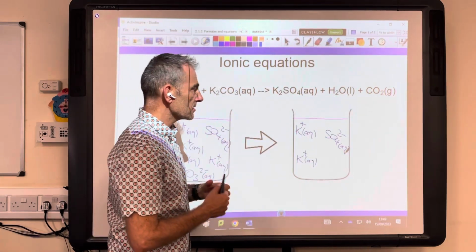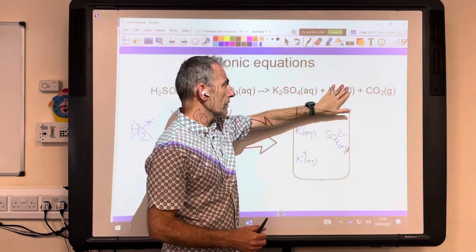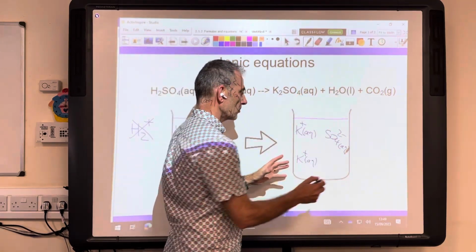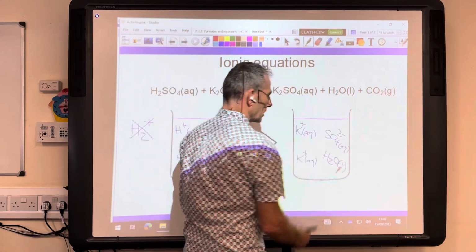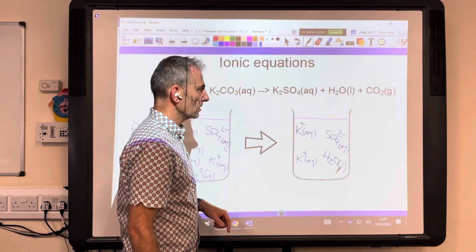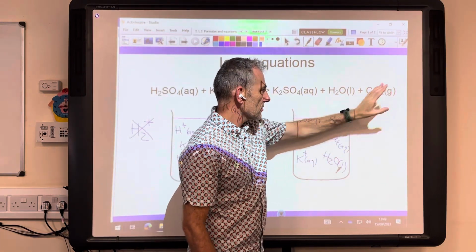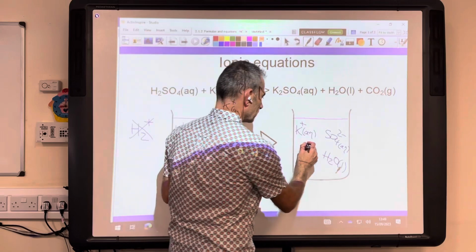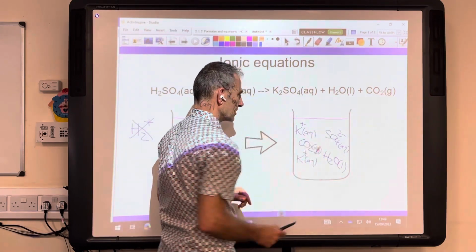So the rule is, if it's a solid, liquid or a gas, we leave the formula as it is. So we're going to write H2O liquid in that beaker, just for the visualization. And if you look, carbon dioxide is a gas, so we leave it as it is. Pop that in there as well. Obviously that would bubble out, wouldn't it?